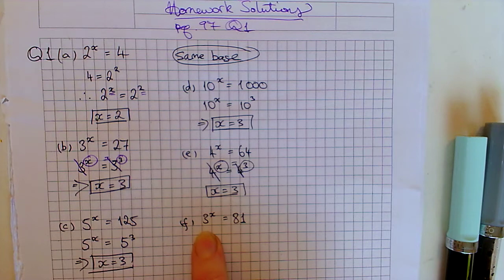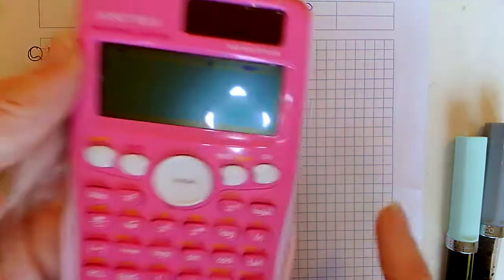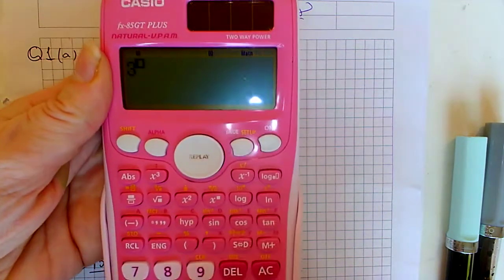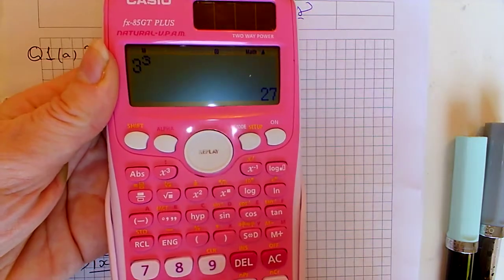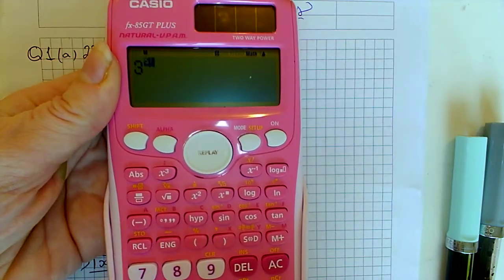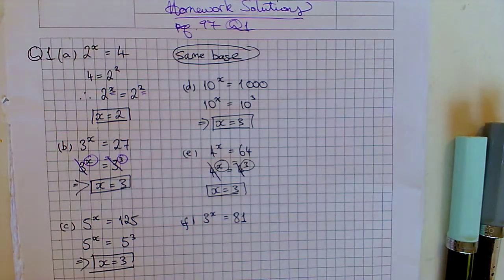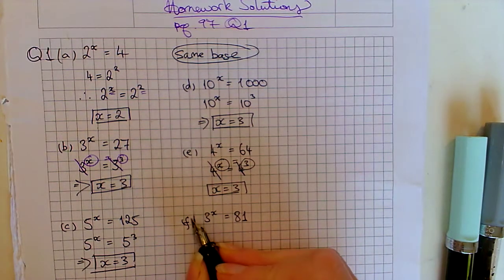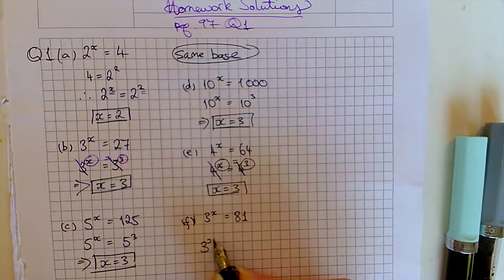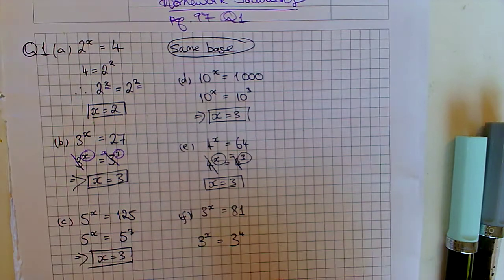Because the question has 3 to the power of x, so it must be 3 to the power of something. I know it's not 3 cubed because that's 27. So could it be 3 to the power of 4? Yes, it is. So you just try like that until you find it, if you don't already know it. They don't normally go very high, so you can just keep going until you find the number that works. So then x is equal to 4.